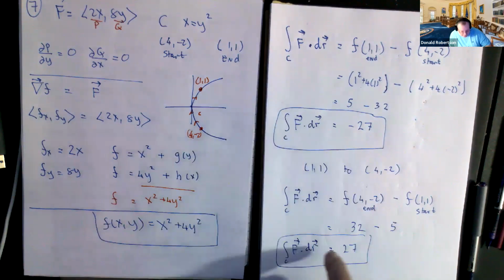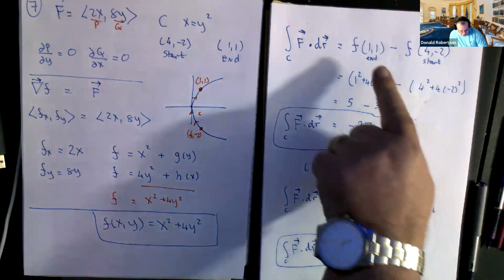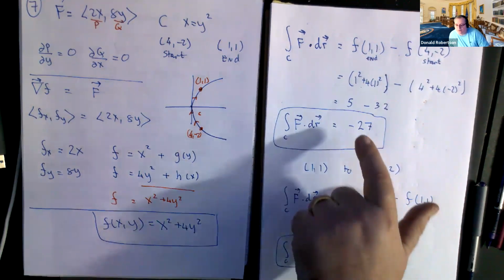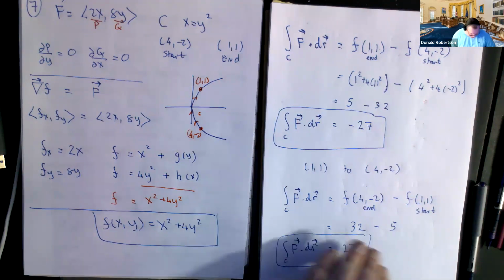And that's also true. So be careful when you're doing some of these questions in case you get your start and finish coordinates mixed up, because you might have thought it was 27, when in fact, in the correct direction, it's negative 27. Are we good? I hope we are. Let's move on.